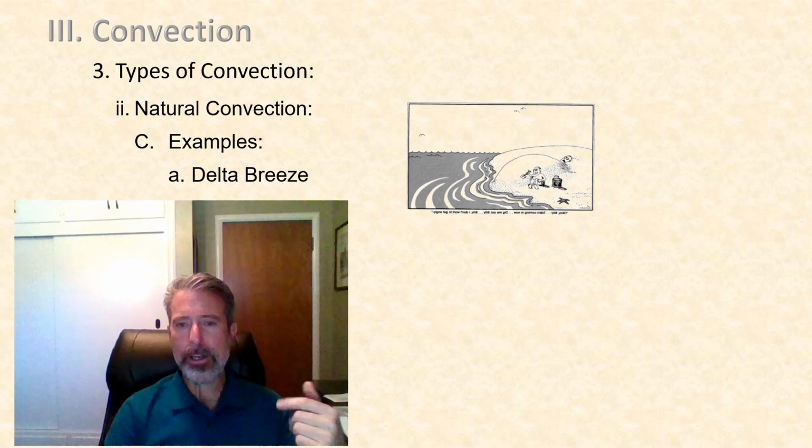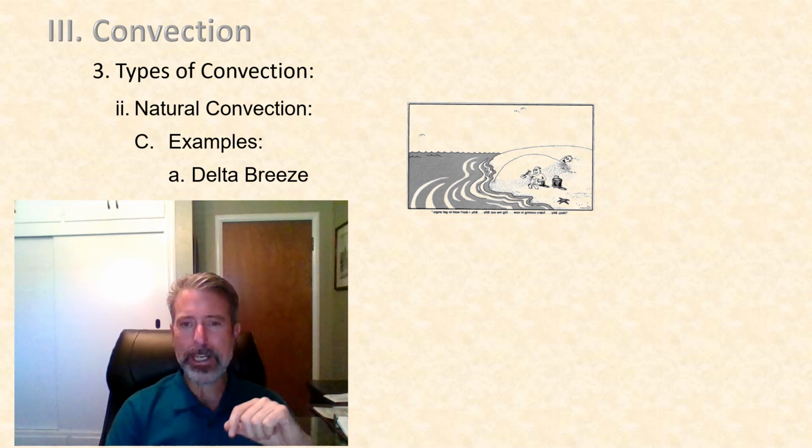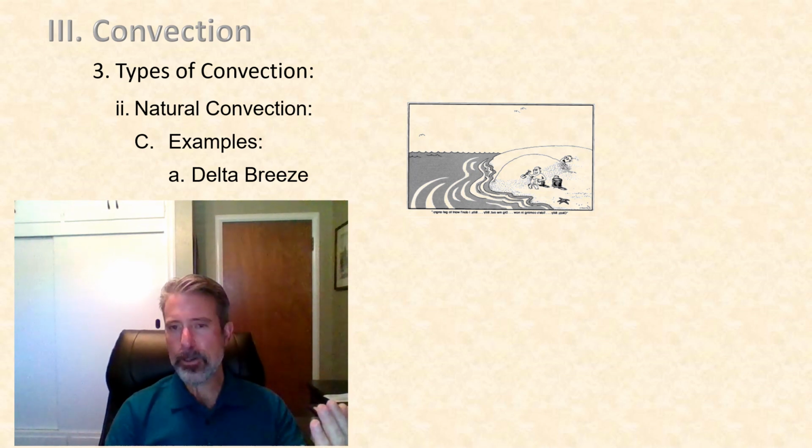So let's take a look at the coast. What I'm showing you on the screen here is Santa Cruz. And if we consider the summertime, the sun is beating down, but remember our discussion of specific heat capacity. We said that although the sun is beating down on Santa Cruz in the summertime, that water can absorb a lot of that energy from the sun, because of water's high specific heat capacity, without raising the temperature of the water and air in contact with it by very much.